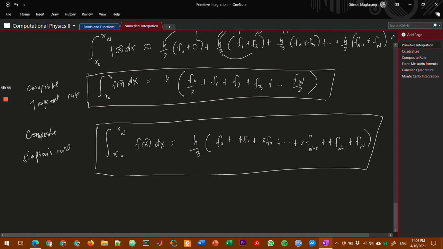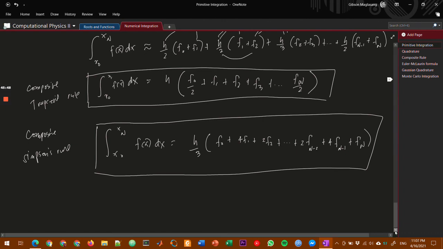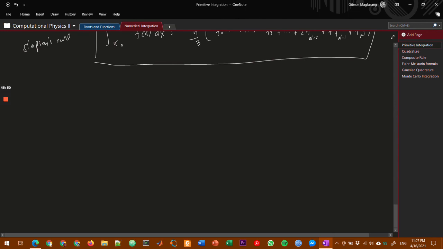Now we will have an example. Evaluate the integral.